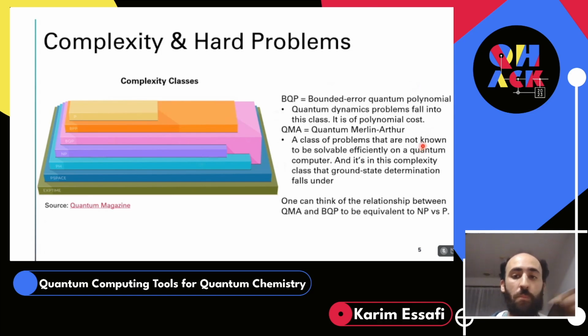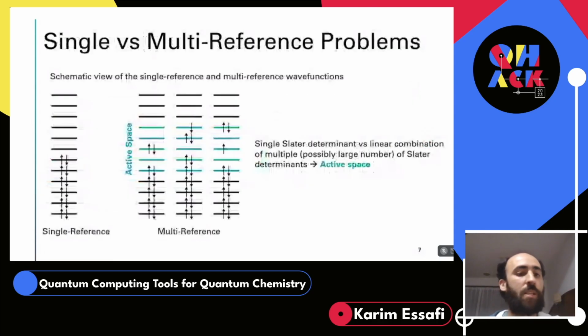If we look at it directly from orbitals and chemistry, if I can move to my next slide, there we go. There are different types of problems, where some are single reference, and the other ones are multi-reference problems. In the single reference case, these are problems that you can determine by just using a single Slater determinant.